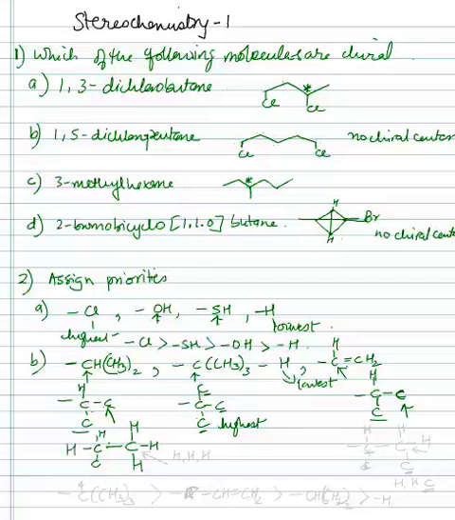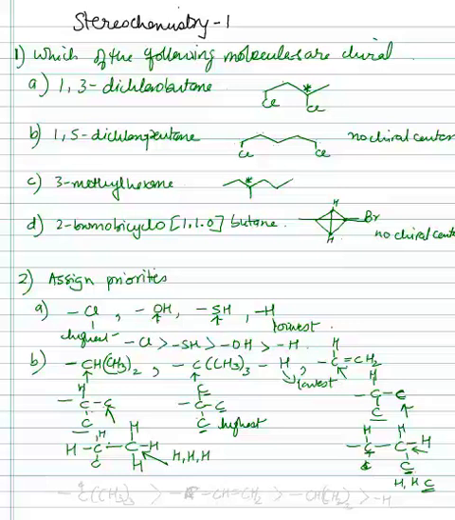I'm not looking at it, so I'm focusing on this carbon and then looking at this carbon here. Now I have the two hydrogens on it, which were there from before, and I also have a carbon that I got because it's attached to this one, so that carbon comes down here also. And so now here I have H, H, H, and here I have H, H, and C. So this group gets a higher priority.